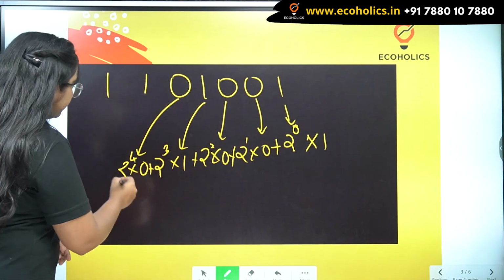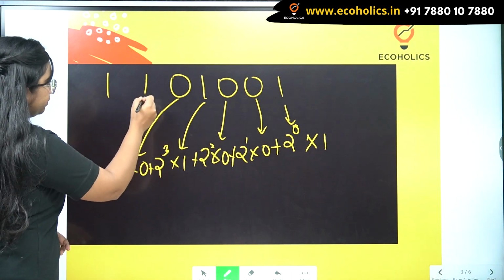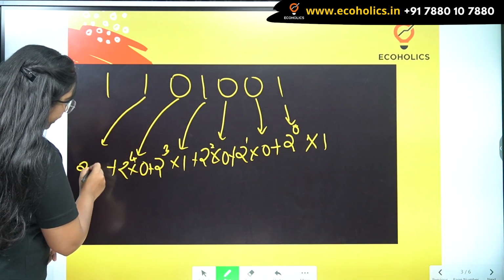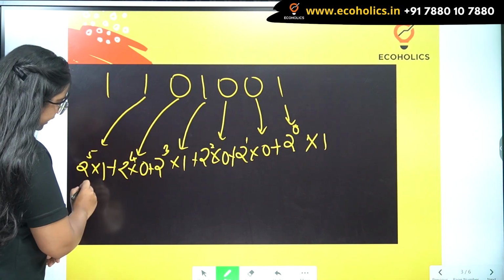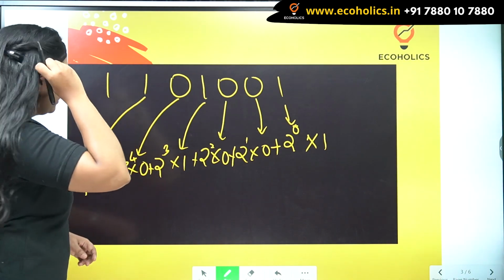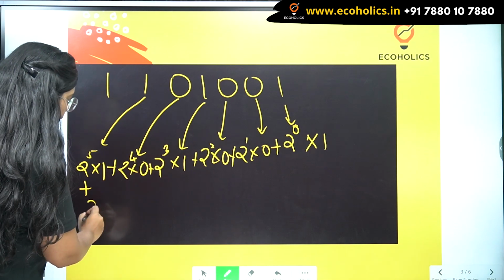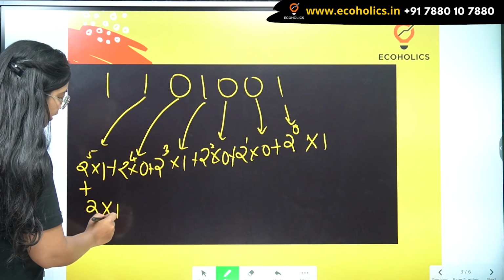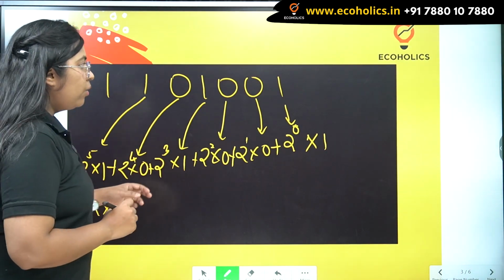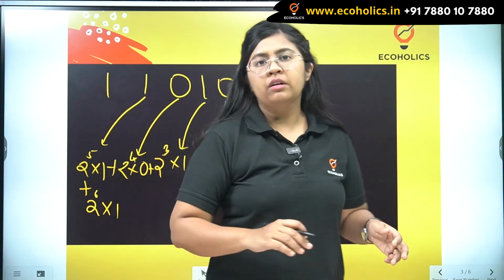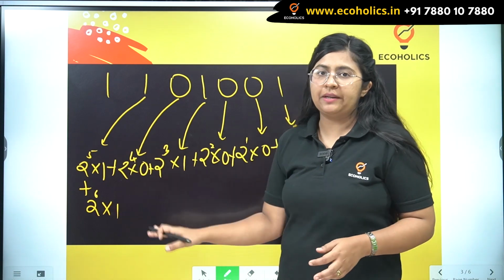Then we have 2 more remaining. So plus 2 into 1, but 2 will be raised to the power 5. And then one more, the last one, which is 2 into 1 raised to the power 6. Now let's understand this whole application.